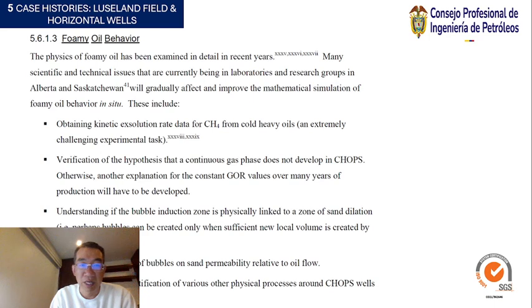Understanding if the bubble induction zone is physically linked to a zone of sand dilation. Perhaps bubbles can be created only when sufficient new local volume is created by the dilation process.